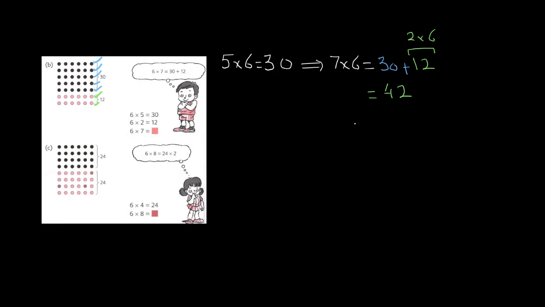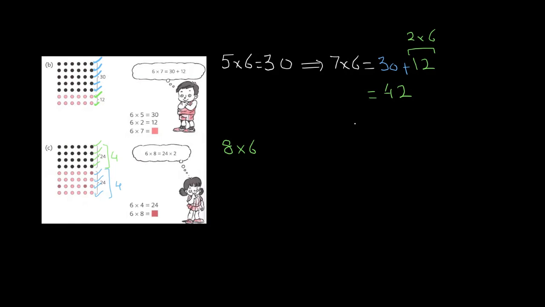Let's say I'm trying to calculate 8 sixes. 8 sixes can be computed by first computing 4 sixes, and I already know that 4 sixes are 24: 1 six, 2 sixes, 3 sixes, 4 sixes. Now I can take my 8 sixes and break them up into another 4 sixes as well, for a total of 8 sixes.